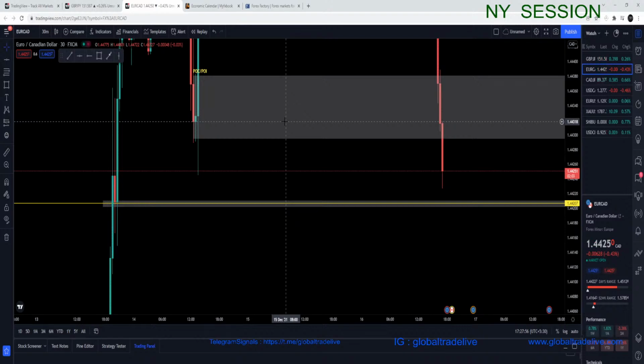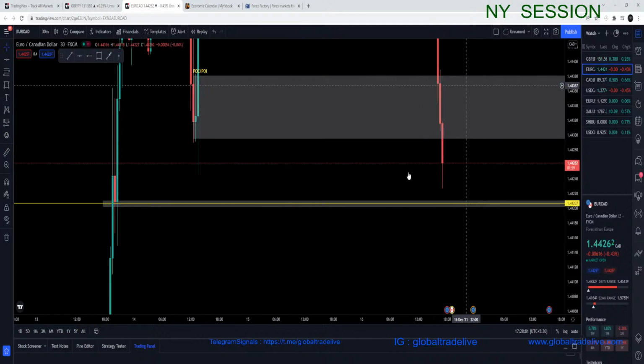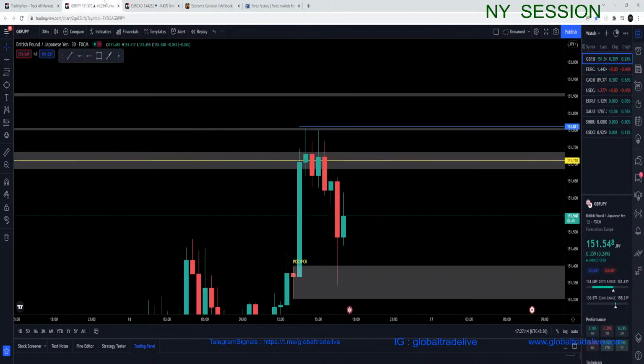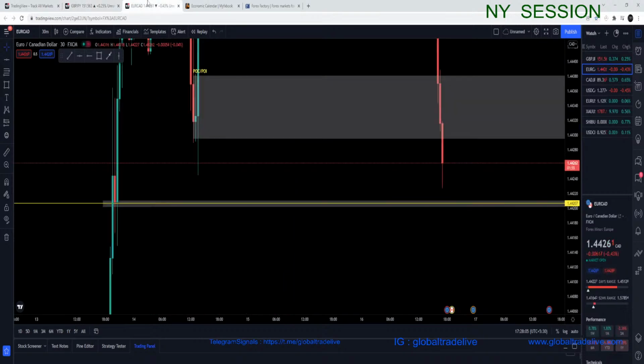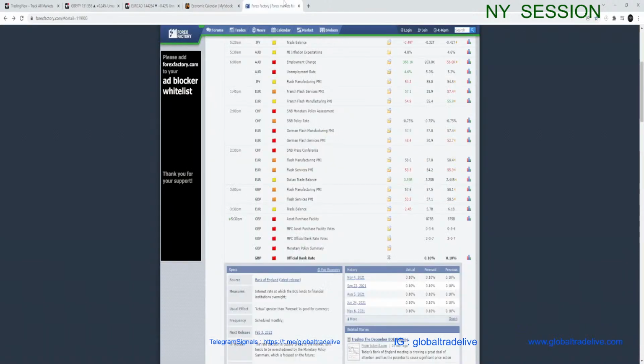So 2 minutes remaining. Let's see how this 30-minute candle will be closing. And 2 minutes is there for the news to come in.